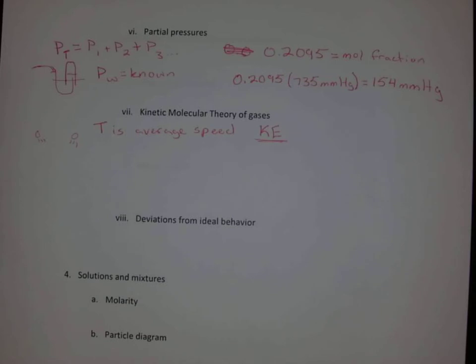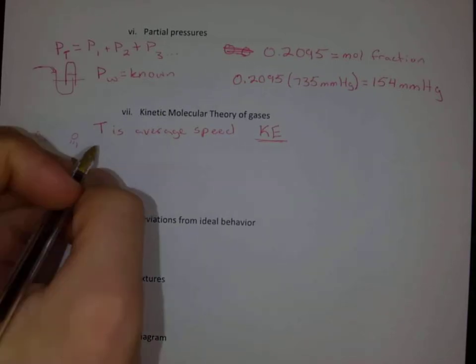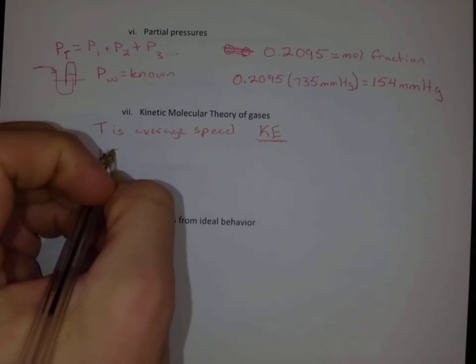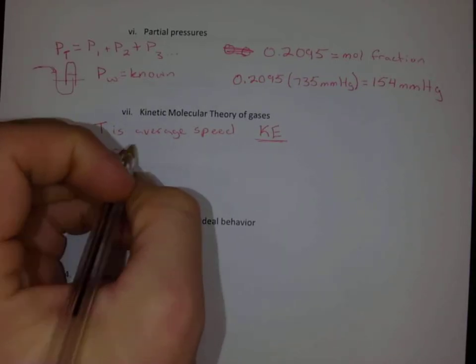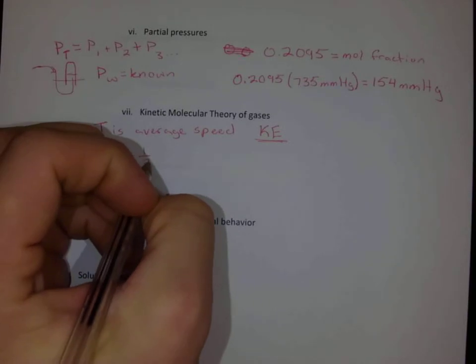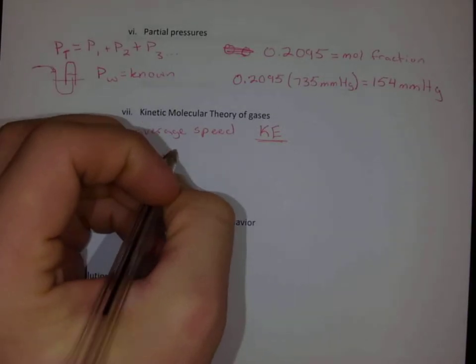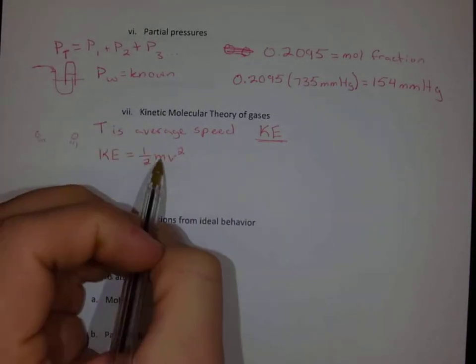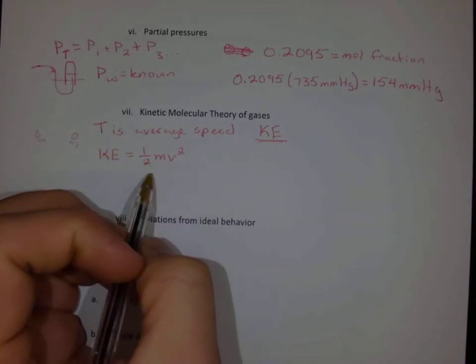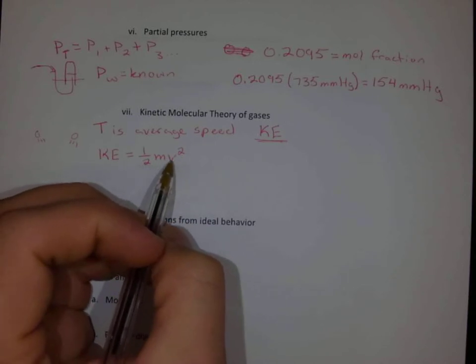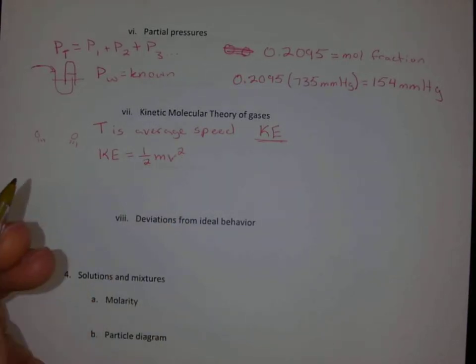particles. Okay? So our kinetic energy can also be described by the equation 1/2 mv squared, where m is the mass of my particle and v is the velocity at which it's moving, okay?